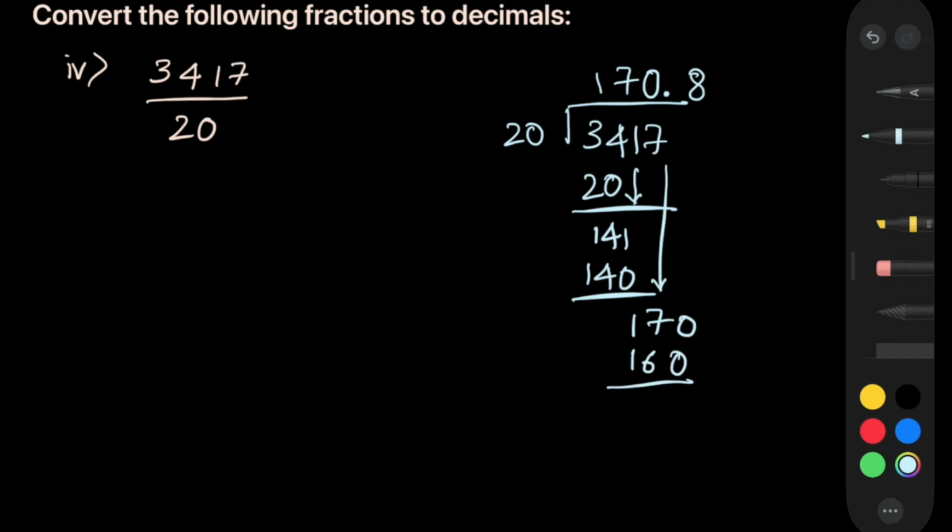Subtracting 160 from 170, we get a remainder of 10. Once again, we need to multiply this by 10 and we get 100. 20 goes in 100 5 times. 5 times 20 gives us 100. Subtracting that from 100, we get a remainder of 0. So 3417 by 20 can be rewritten as 170.85.